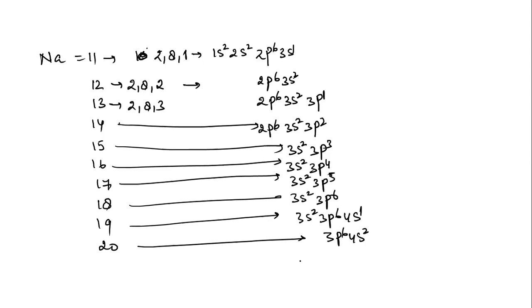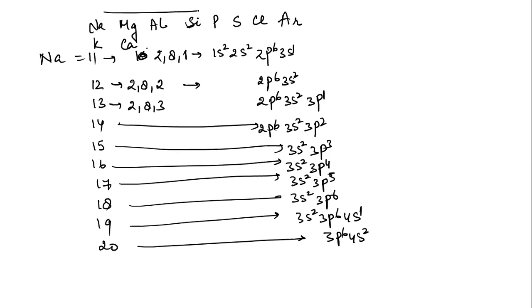Clear? Okay. And if you see in the periodic table, this is sodium, then magnesium, aluminium, silicon, phosphorus, then sulfur, chlorine, and argon, and then we have potassium and calcium.